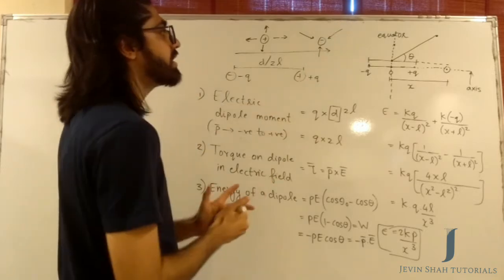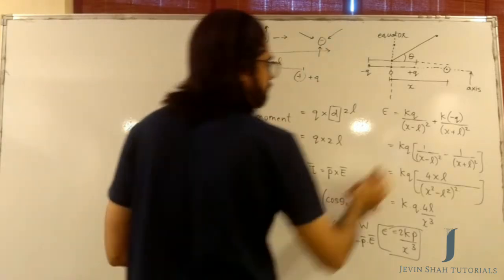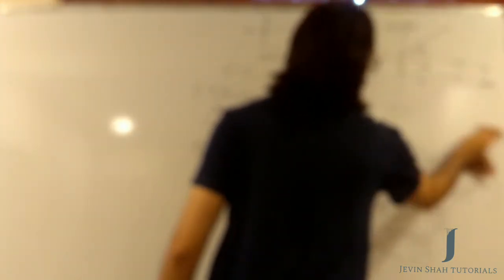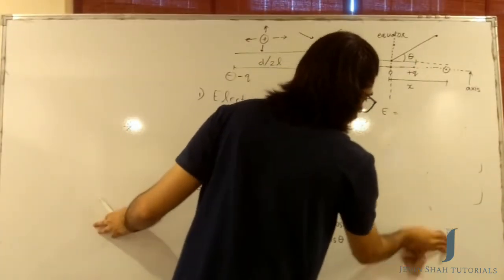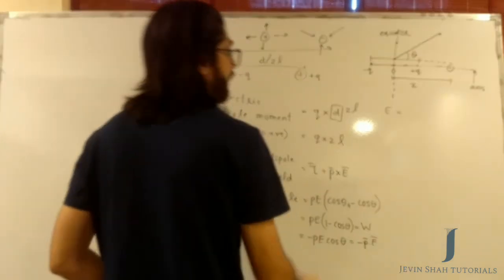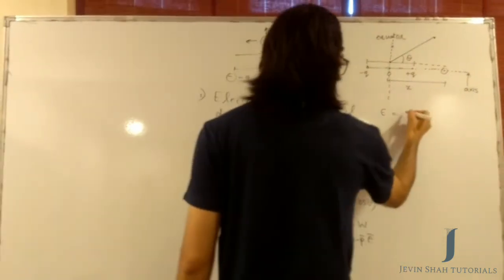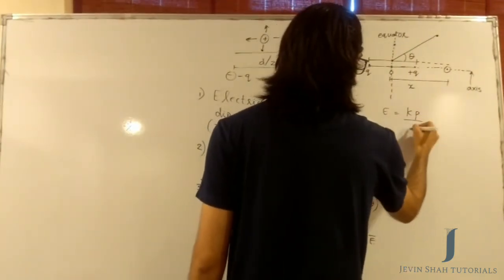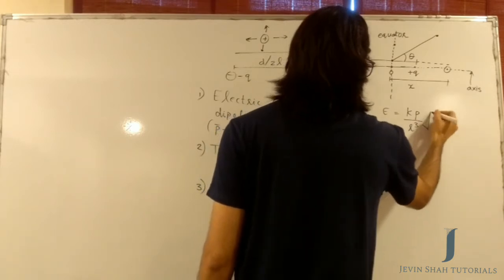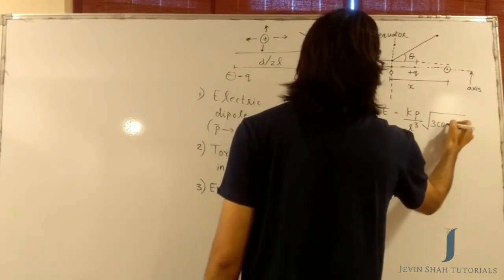The electric field intensity at that point will be given by kp divided by r cube root over 3 cos square theta plus 1.